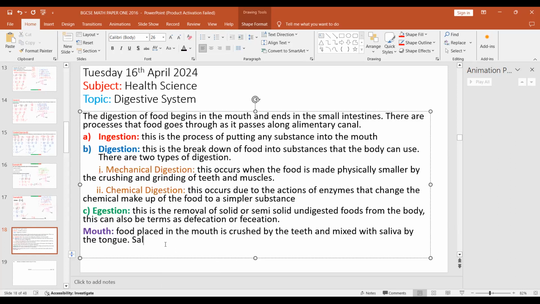So saliva is made by an exocrine or ducted gland in various locations in the mouth.